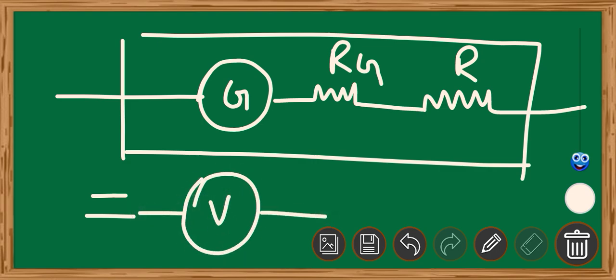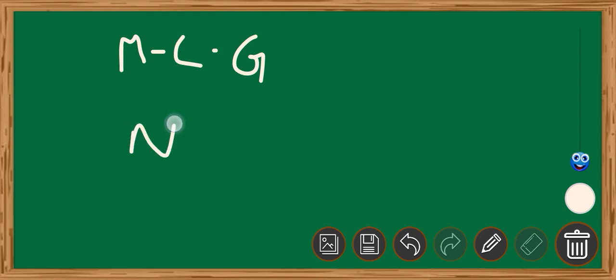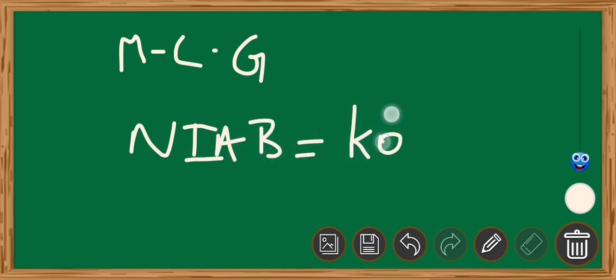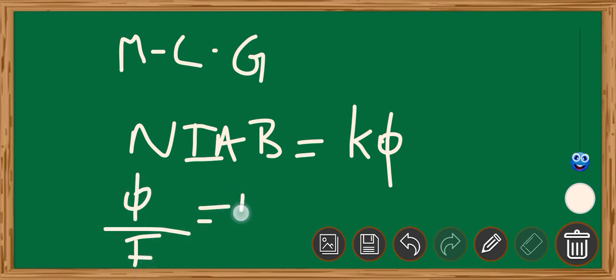So today we have discussed what a moving coil galvanometer is and its working, and we know that NIAB, the magnetic torque, is equal to K phi for a moving coil galvanometer, such that the current sensitivity phi by I equals NAB by K. But we have to find the voltage sensitivity as well.